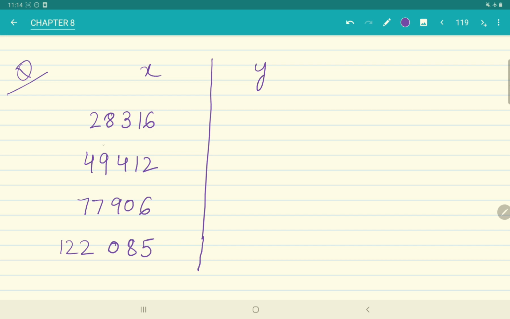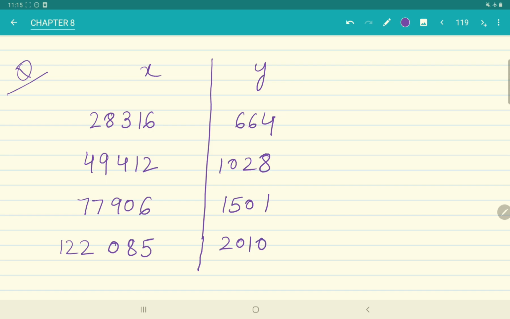This is x, 28,316, 49,412, 77,906, 122,085. And then I have y, it is 664, then it's 1028, then it's 1501, and then I have 2010.